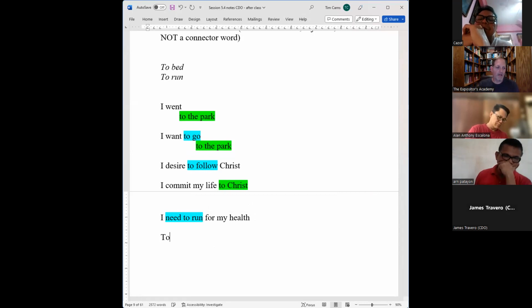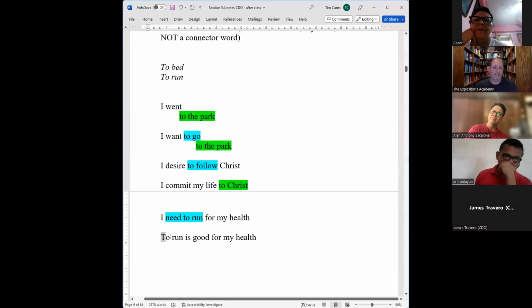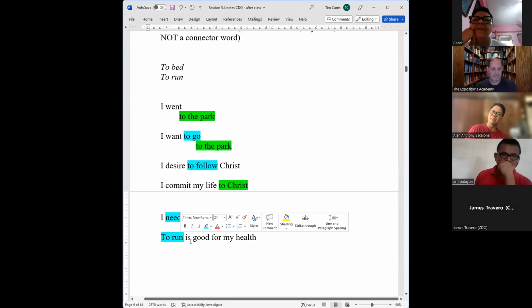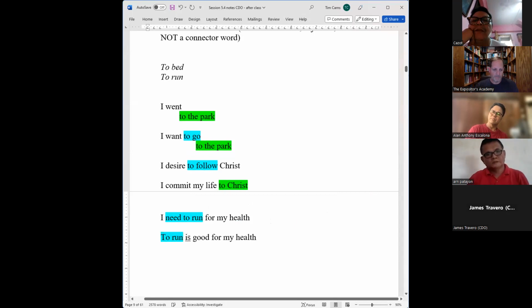So here it's acting in a verbal sense. But if I had said to run is good for my health, well, notice here now, again, to run is still an infinitive, but in this case, it's the subject of the sentence. To run is the subject here. Is is my verb, right?